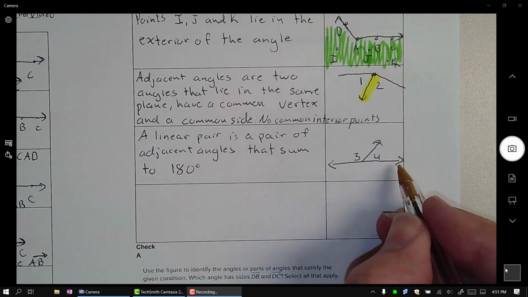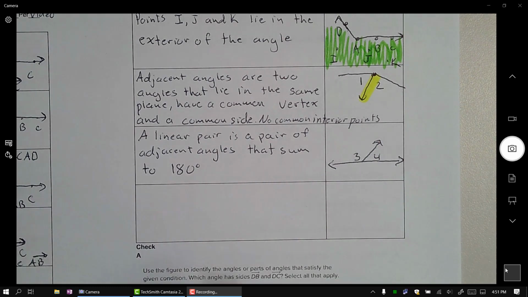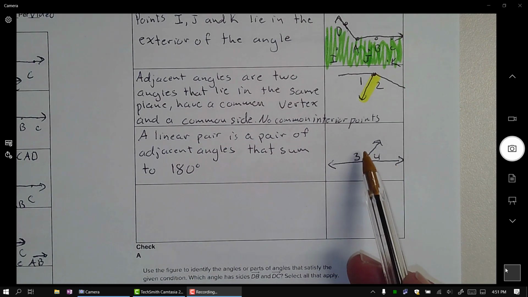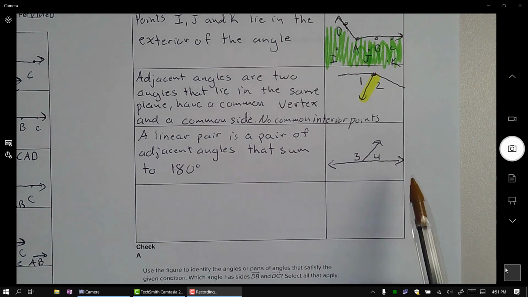So you notice that this makes that collinear ray that we were talking about before, which has a measure of 180 degrees. So these are two adjacent angles that when we add them together, we get 180 degrees.